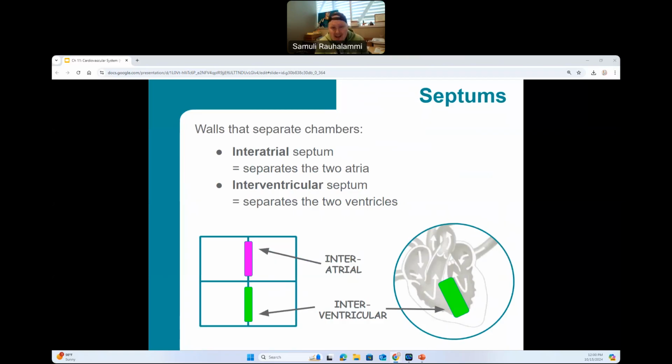The interatrial septum separates the two atria, the left and right atria. So that's the wall that we're seeing on that box diagram on the top, separating the two atria. And then we have our interventricular septum that separates the two ventricles, the right and left ventricle.